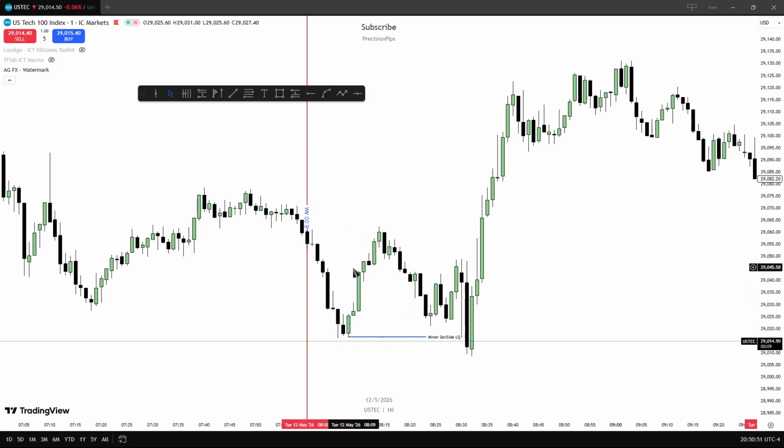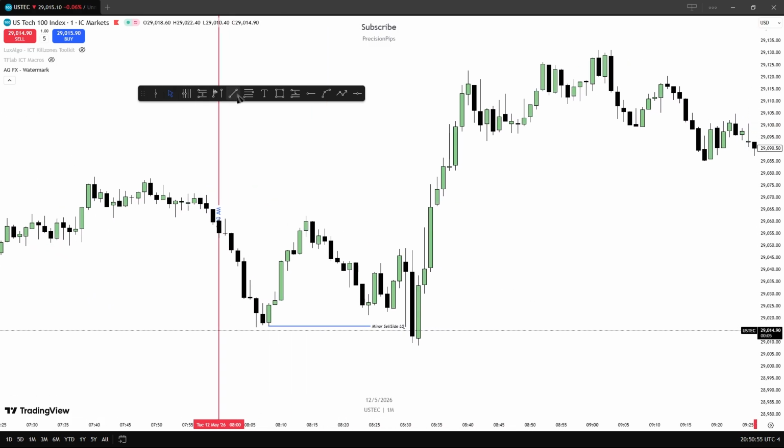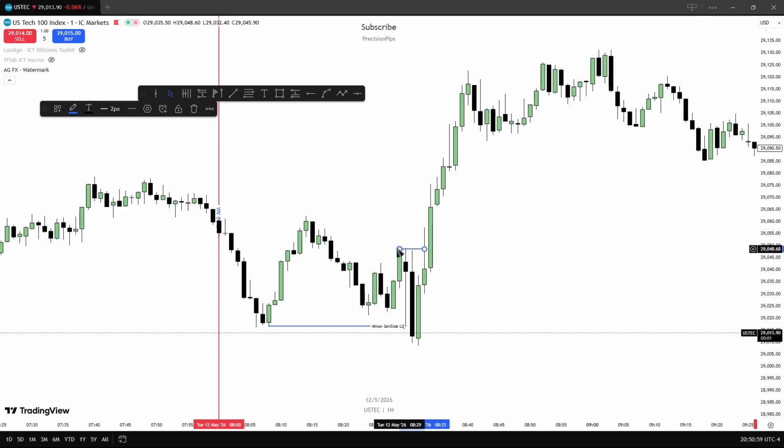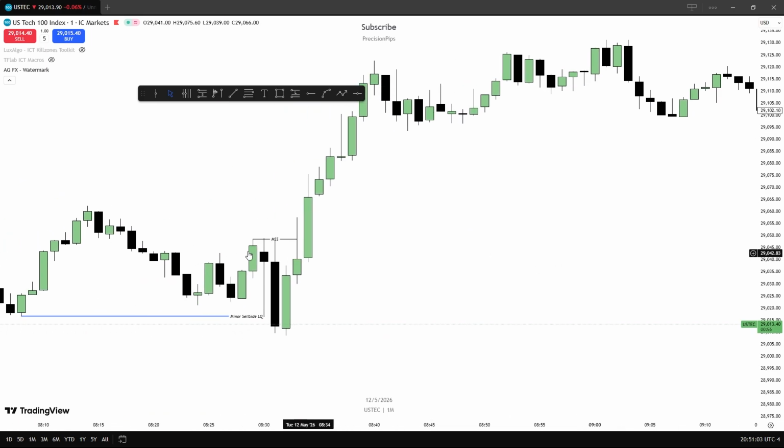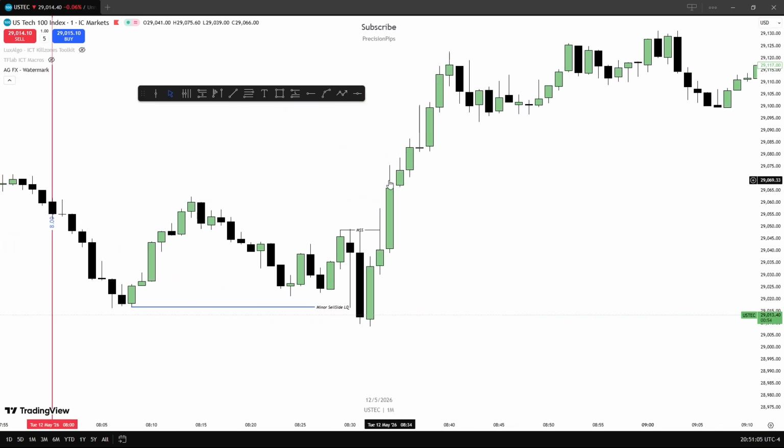Then we look for a break of structure to the upside. So here is the break of structure, market structure shift. And then we look for a CISD or our point of entry, a fair value gap, an IFVG inversion, or a CISD, which has happened here.